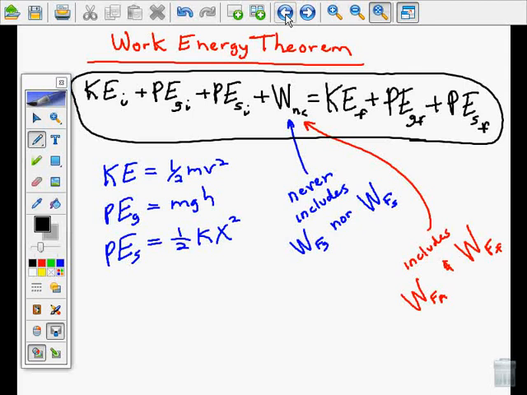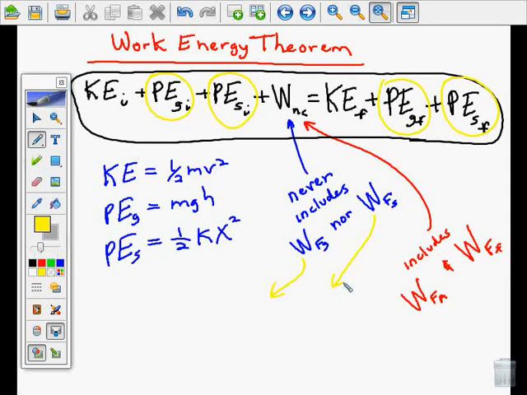Yeah, the force of the spring. Because the work done by the force due to gravity is taken care of by these 2 terms, and the work done by the force of the spring is taken care of by these 2 terms. Now the tricky thing is, if you are ever asked to calculate these, we're used to using these potential energy terms.